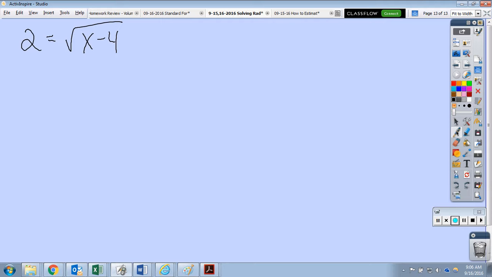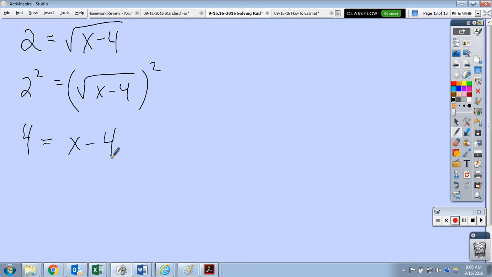Square both sides? Yes. That's where we are. So I'm going to square this side, and I'm going to square this side. What do I get? 4 equals x minus 4. Last step. Add 4 to each side.